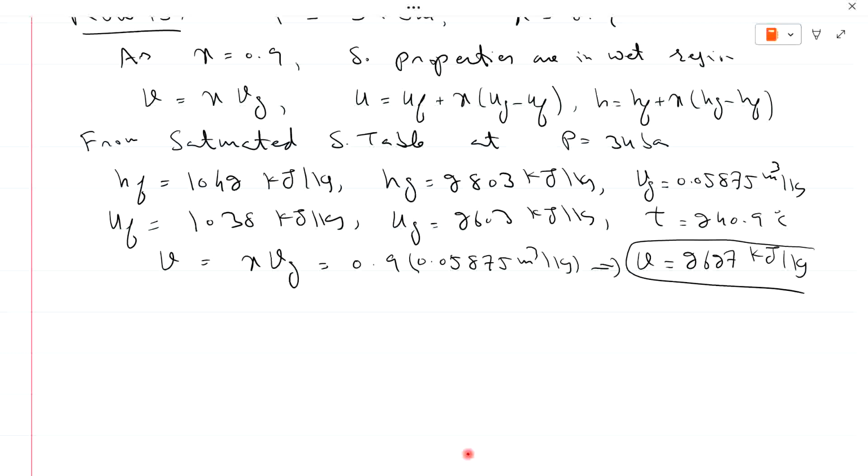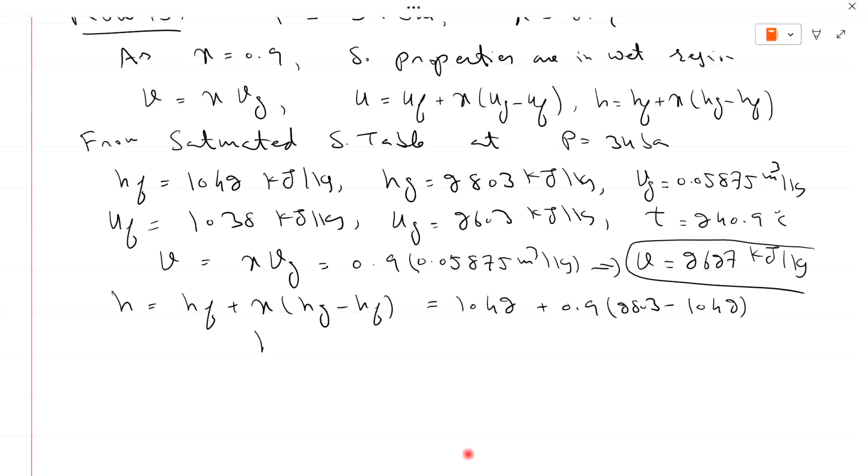And find specific enthalpy. H is equal to Hf plus x into (Hg minus Hf). Putting values, Hf is equal to 1042 kilojoule per kg, x is 0.9, Hg is 2803 kilojoule per kg and Hf is 1042 kilojoule per kg. So calculate this value. So H is equal to 2627 kilojoule per kg.